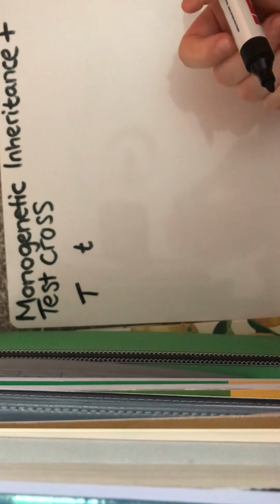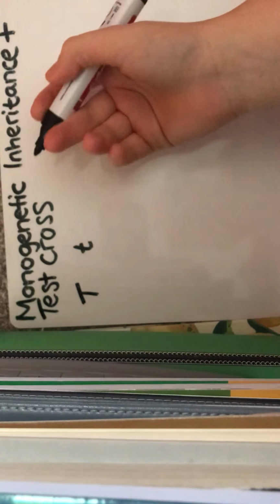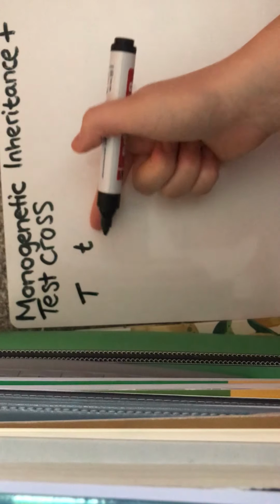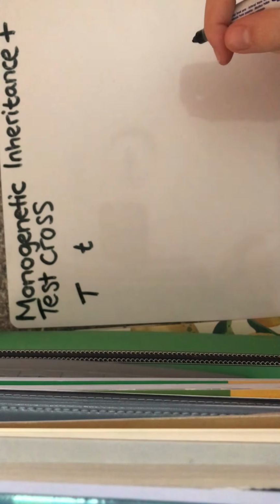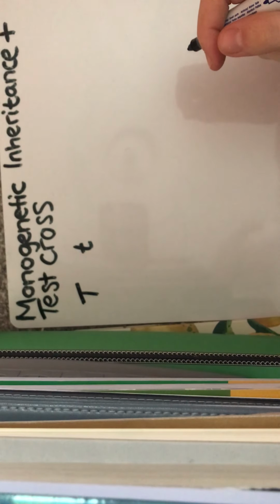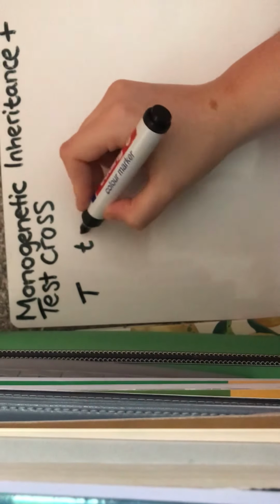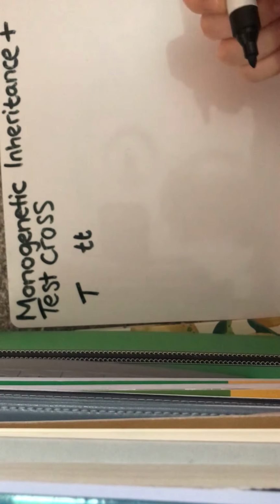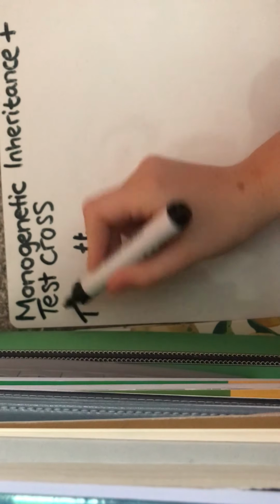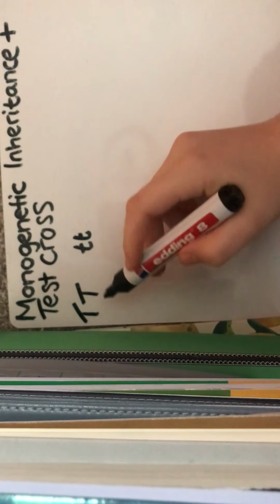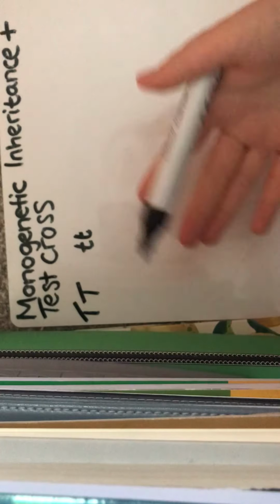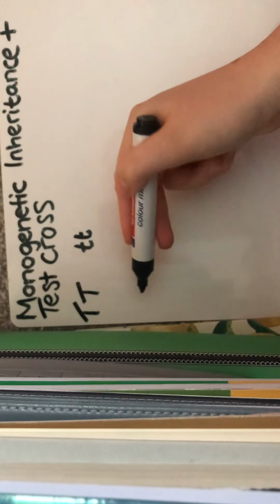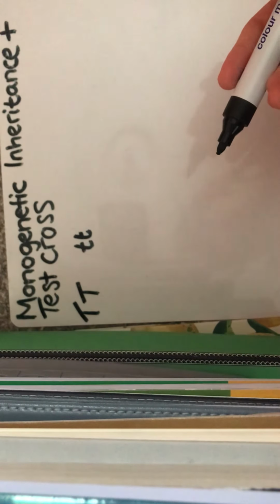In other words, it would have to be homozygous, so we need two recessive alleles. So for tall we could have big T, big T, or we could have big T, little t. That would be heterozygous. Both would show tall stemmed.